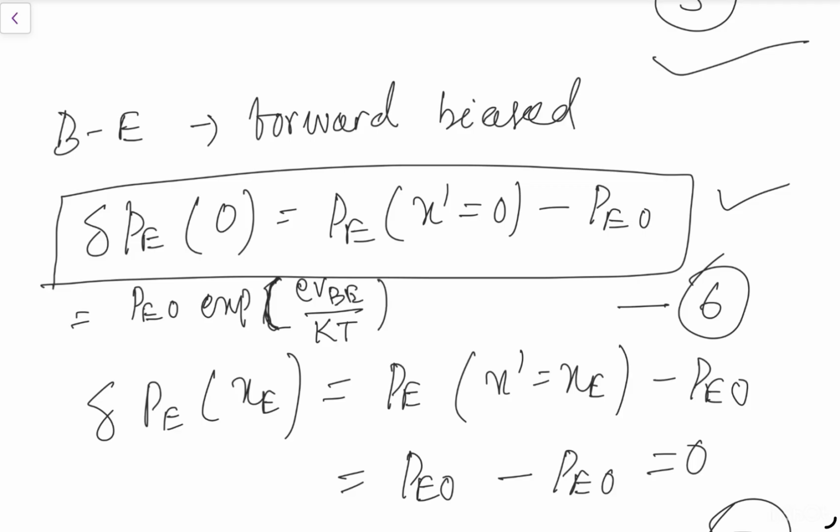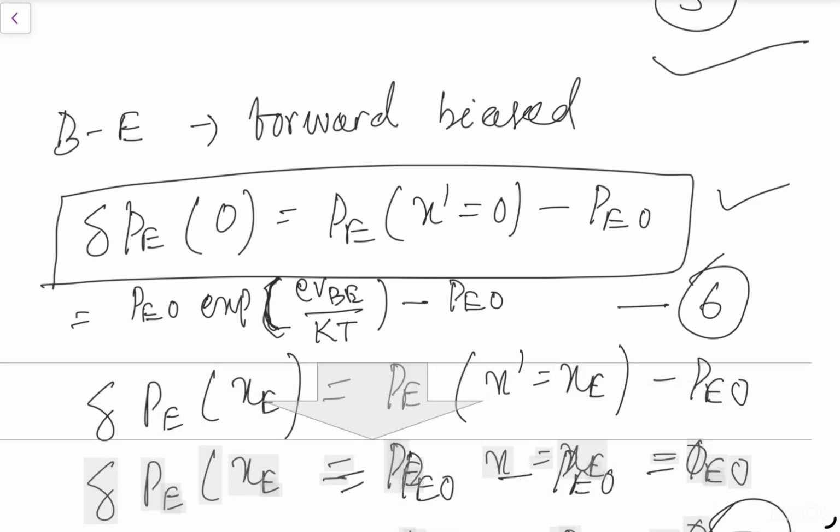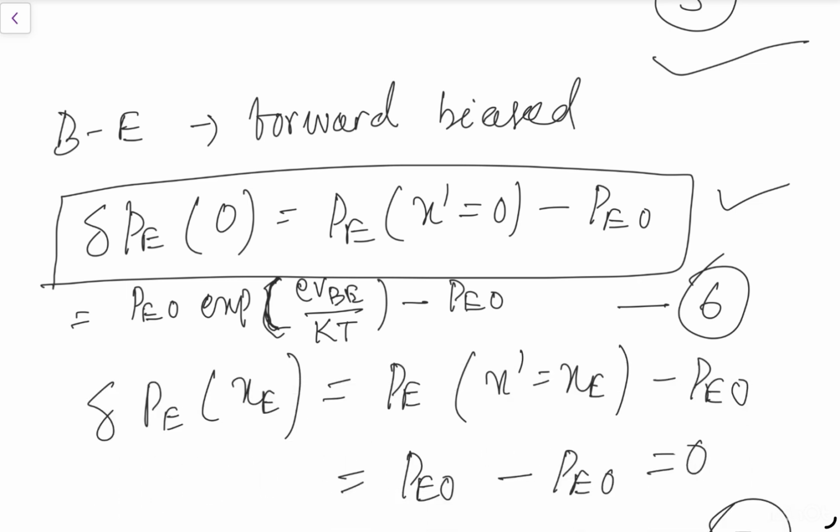PE0 times exponential eVBE by kT minus this PE0. So we can rewrite it taking PE0 common: exponential of eVBE over kT minus 1. Let's name this as equation 6, so that it will be easier to equate.